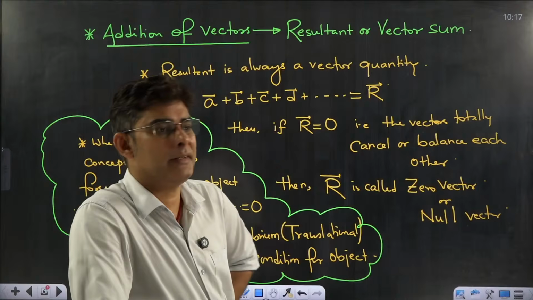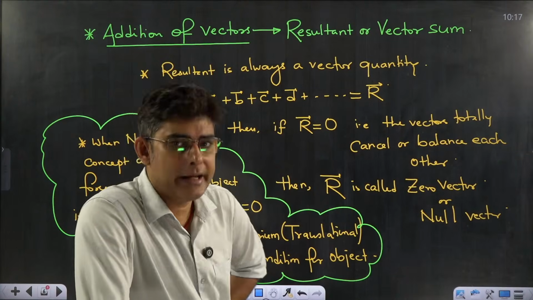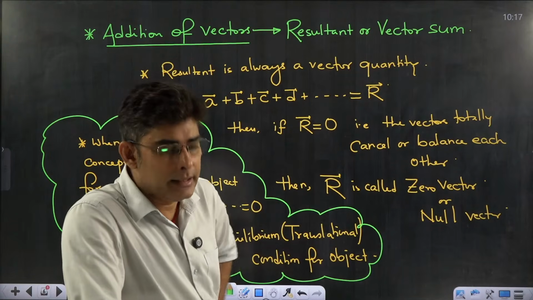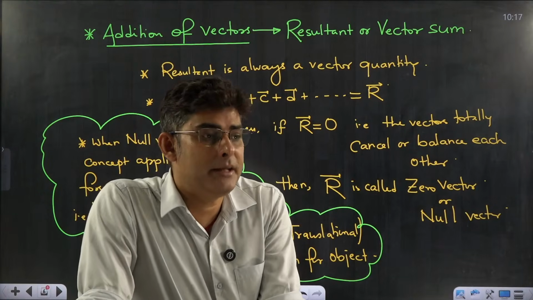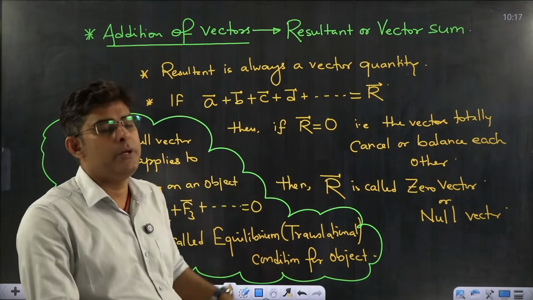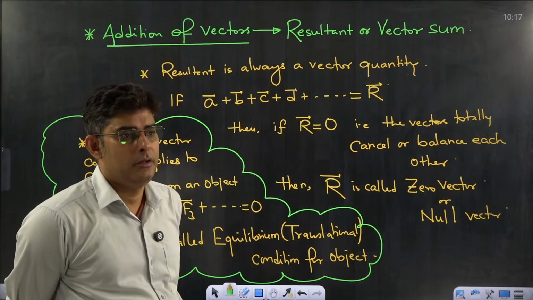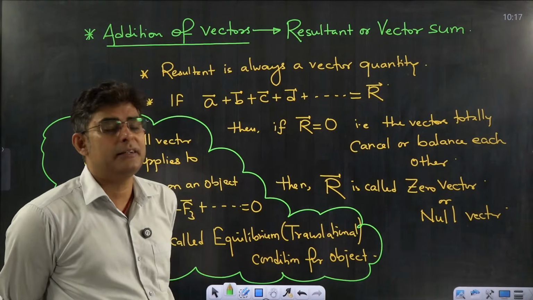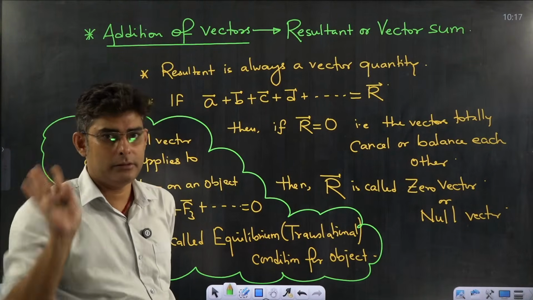I also told that if I take any two points in space, suppose I name the points A and B, then when we started motion, distance and displacement, I asked how many displacements are possible between these two points. You said, sir, only one displacement is possible. It is the straight line joining the initial and final point.